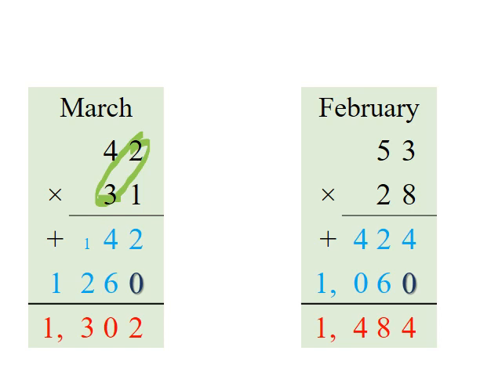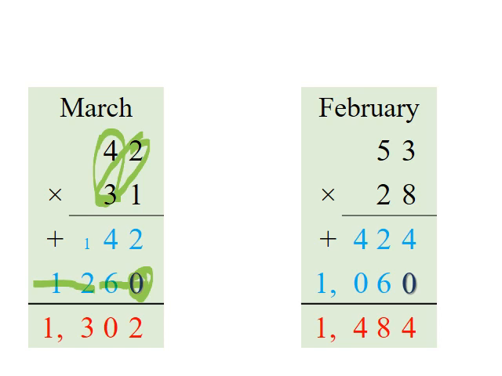So I record 0 in the ones place and 6 in the tens place. There is always a 0 when you get to this step. Then 3 tens times 4 tens equals 12 tens. I will regroup 12 tens as 1,200.